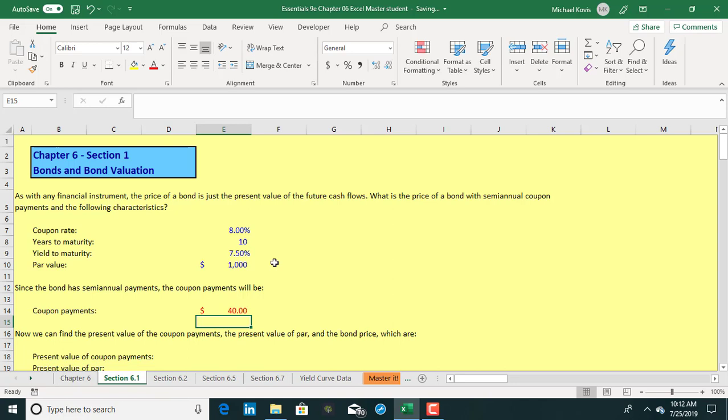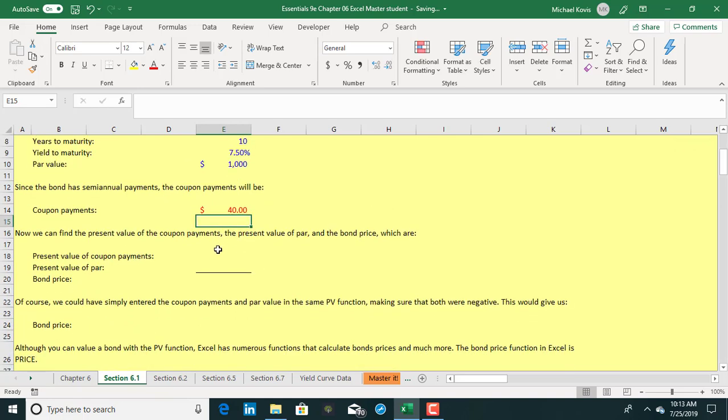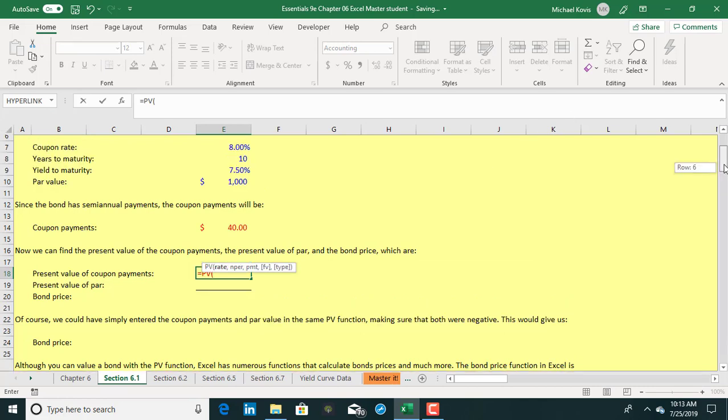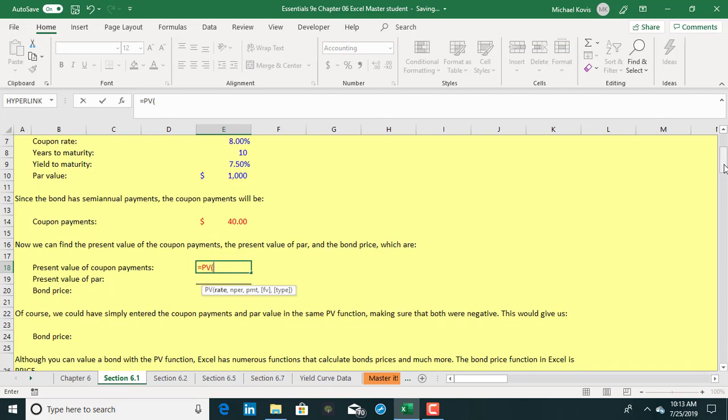So we need to figure out the price of our bond. So present value of our coupon payments, and that's going to be the present value of, and we're going to use the yield to maturity rate, and we're going to divide that by 2. We need the number of periods.